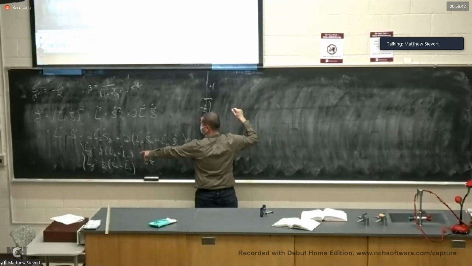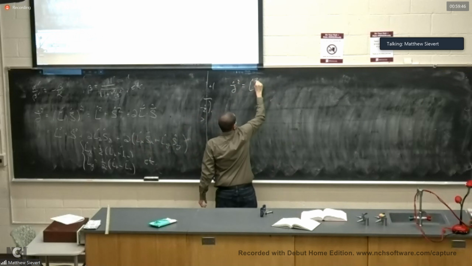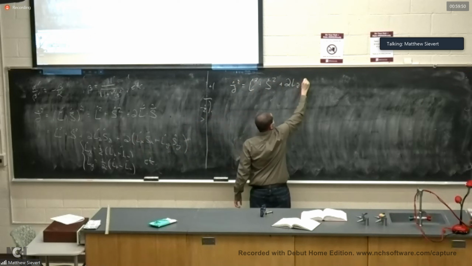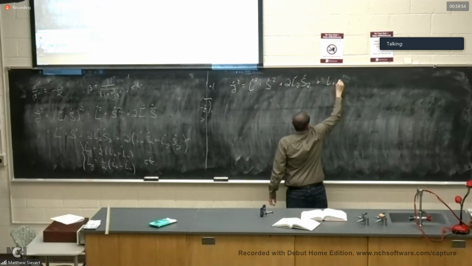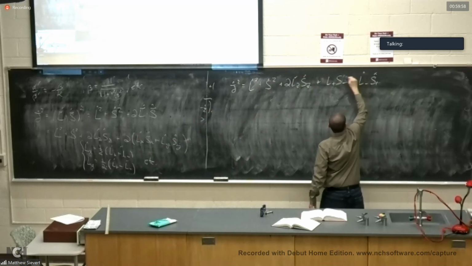So when I plug these relations in, I get j squared equals L squared plus S squared plus 2LzSz plus L plus S minus plus L minus S plus.